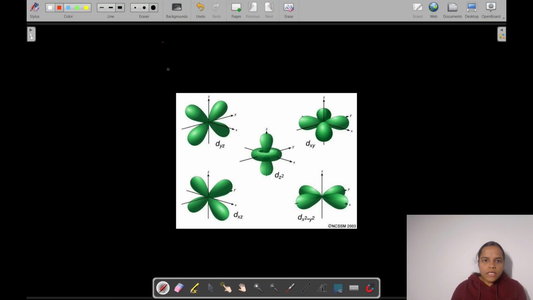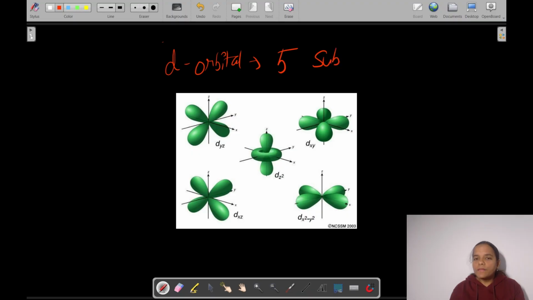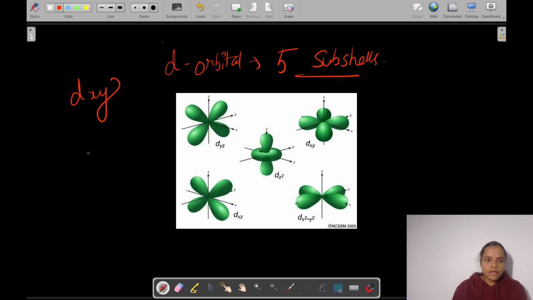So we see now that a d shell has 5 kinds of subshells in it. These are the subshells: dxy, dyz, dzx, dx square minus y square, and dz square.